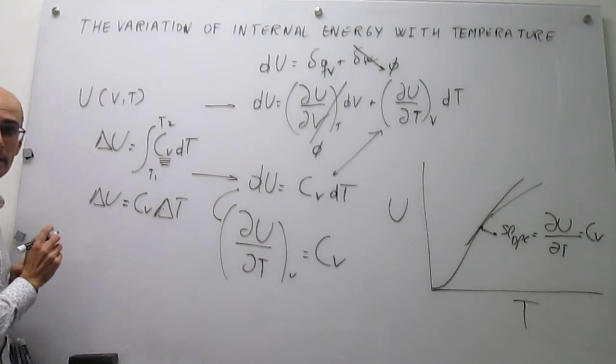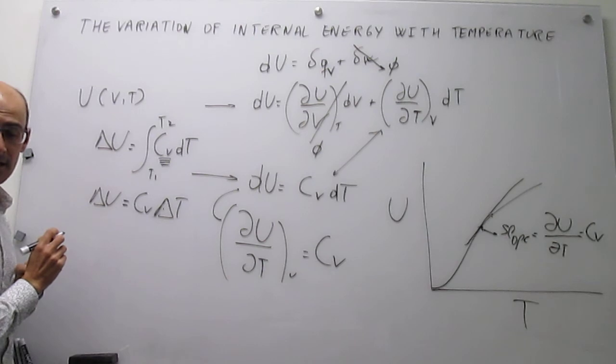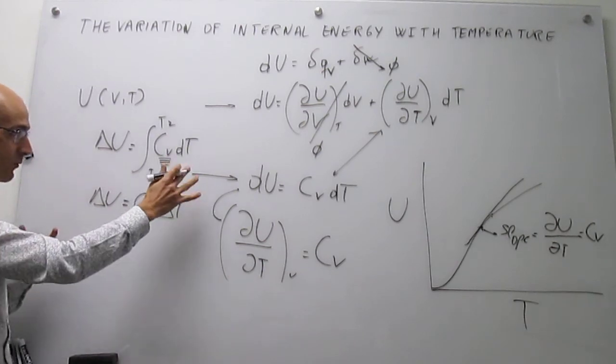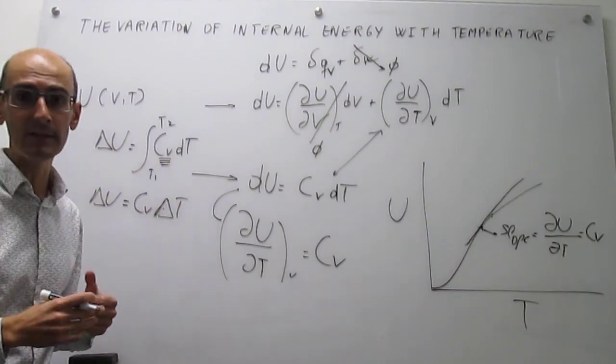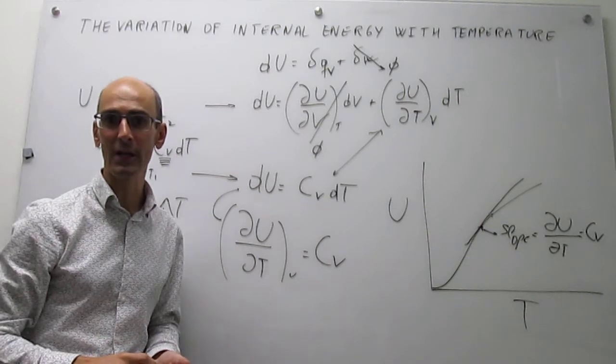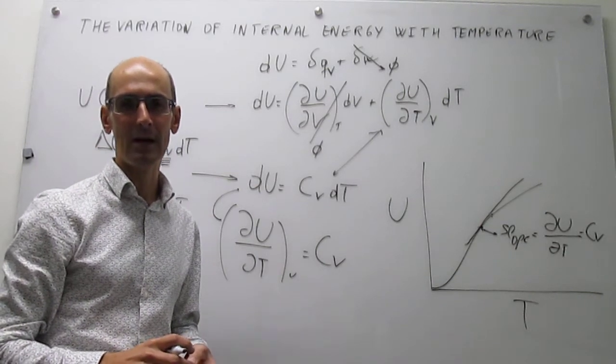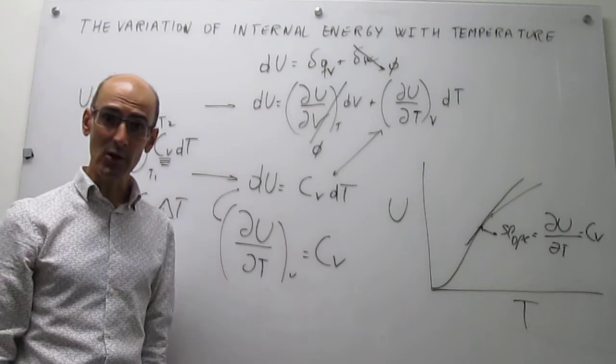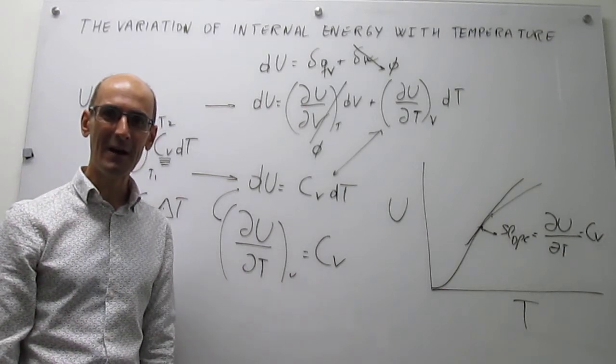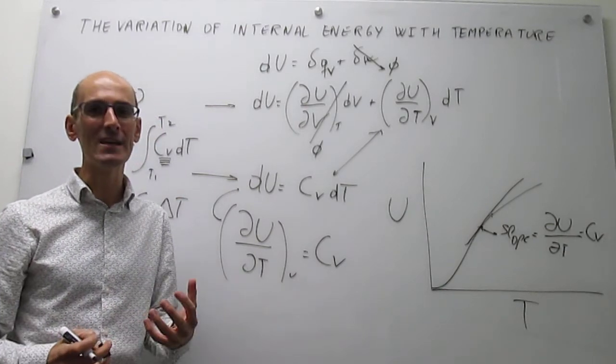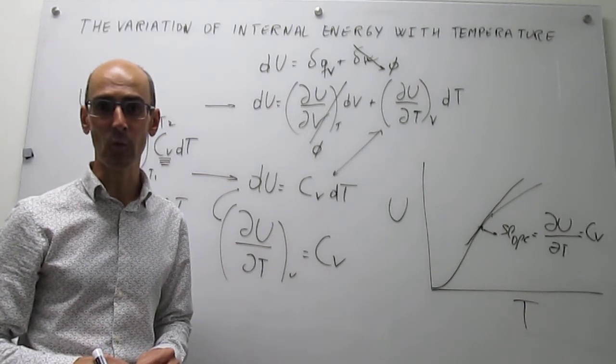Again, this only applies if the heat capacity is constant with temperature. If it's not, then we're going to have to solve this integral explicitly, and there will be problems in the homework that will allow you to study that. So this video has shown you how to understand the dependence of internal energy on temperature.